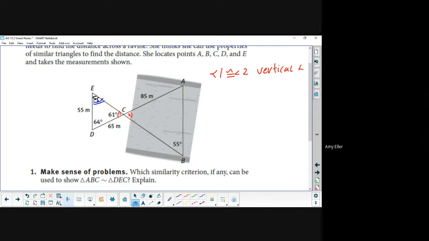I've already done a single arc. And my work will say angle E can go to angle B. My reason, they're both 55. For an answer of which similar criterion? AA similarity.